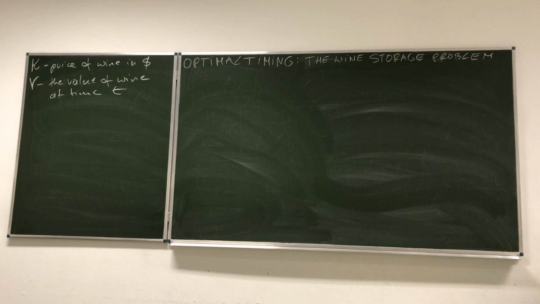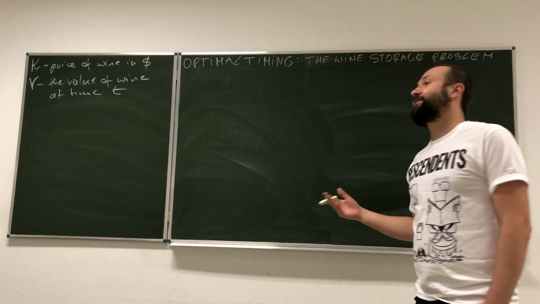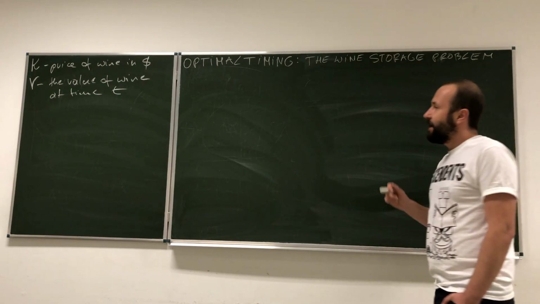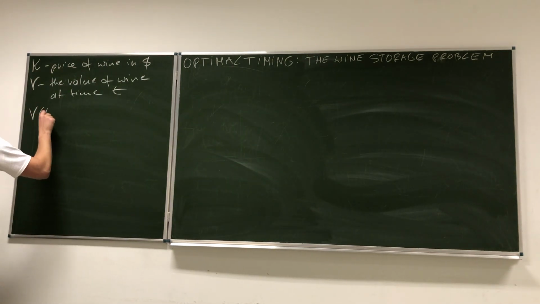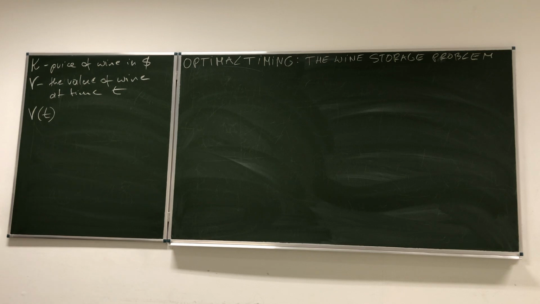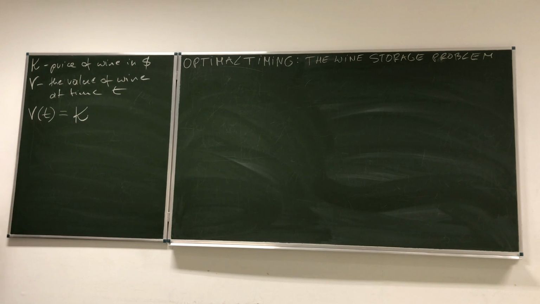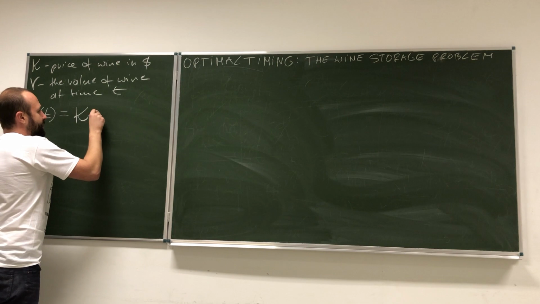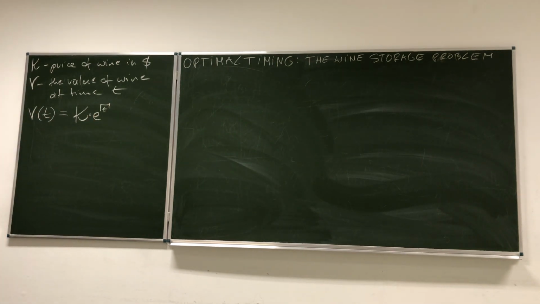But let's just say that in this particular case, we've used advice from some econometrician, and this econometrician calculated that the value of this type of wine usually grows according to this function, where K is the initial price of wine, times e to the power square root of t.